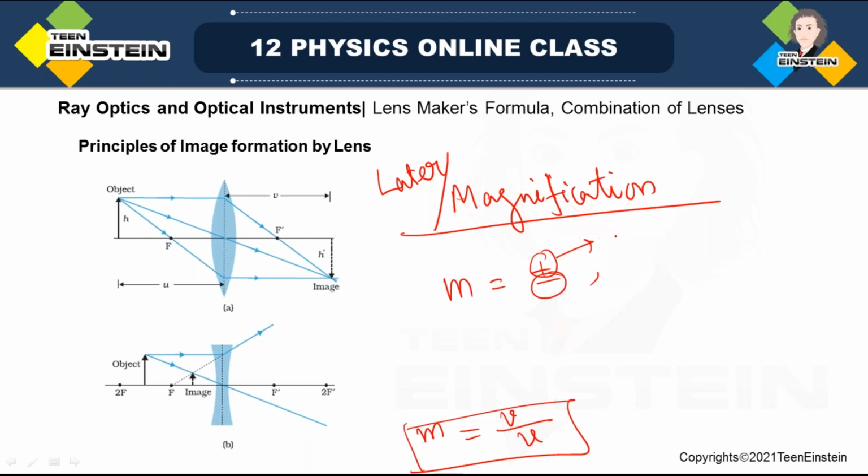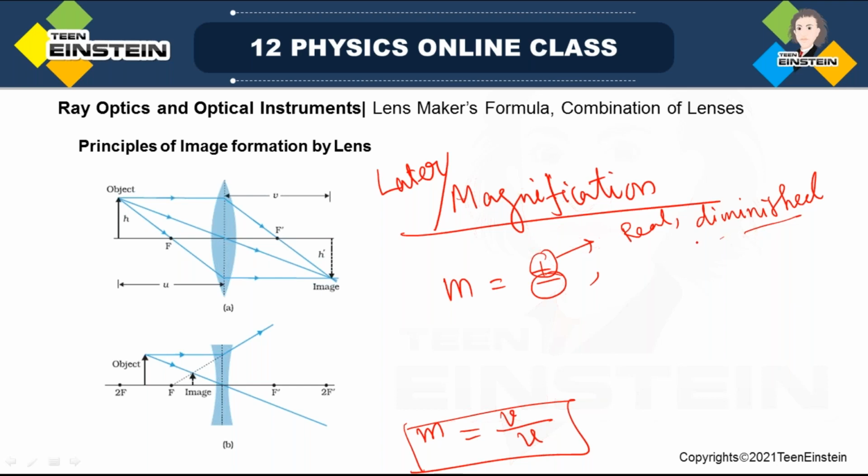When you have a positive sign, then what is the nature of the image? It will be real, then diminished. Okay, real image diminished in size.